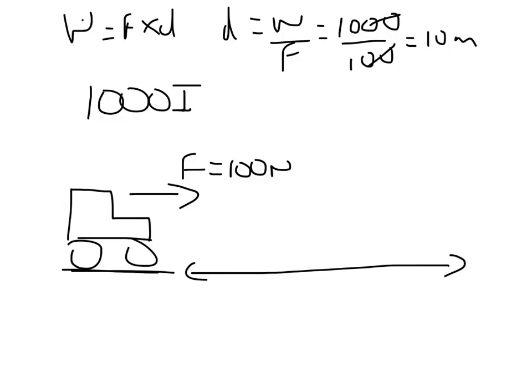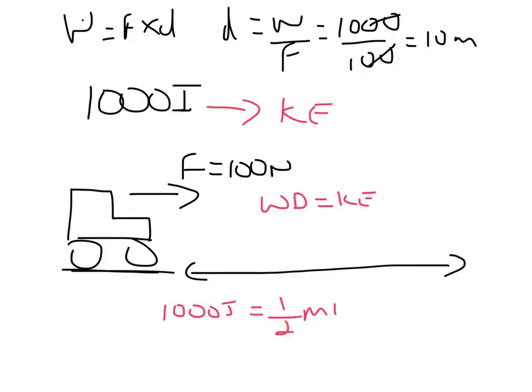Now, if we assume all the work done here is transferred to kinetic energy of the car, right? So now we know that the work done is equal to the kinetic energy of the car. Therefore, 1,000 joules is equal to half mv squared.